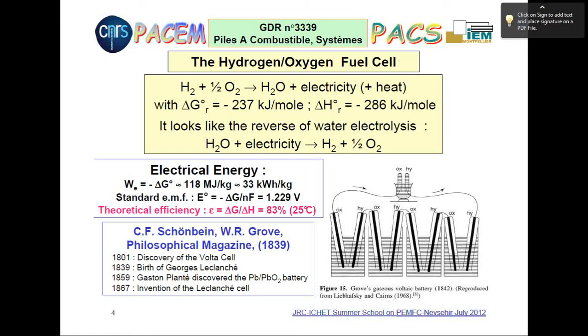If you compare to the Leclanché cell, 1.5, or to the lead acid accumulator battery, 2 volt. So that's the standard electromotive force, or standard cell voltage, under standard conditions.